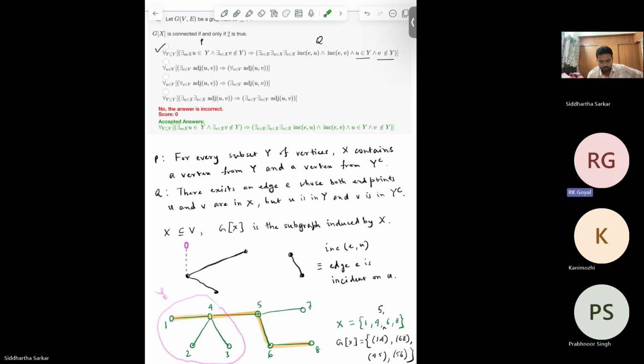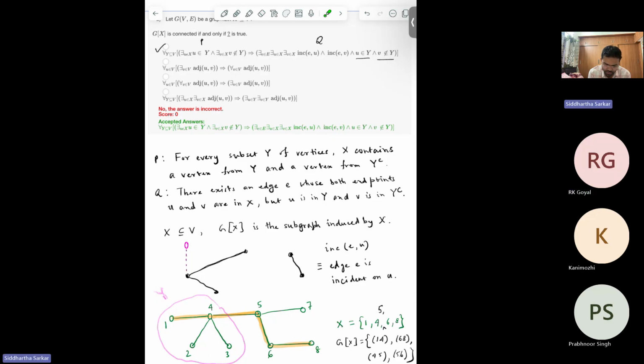So okay. If we pick any edge within the set X, then this implies that there exists U in the Y and there exists V in the Y. Also, it is not necessary that whenever there is an edge in X, there should always be an edge in the subset Y as well. There is no such compulsion.